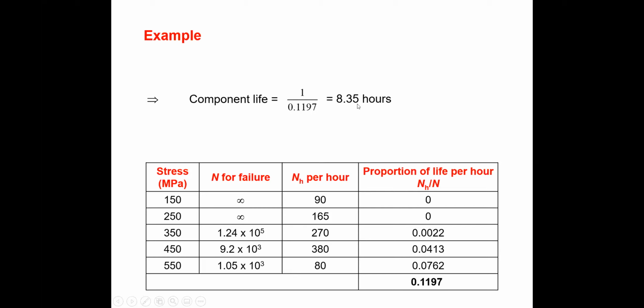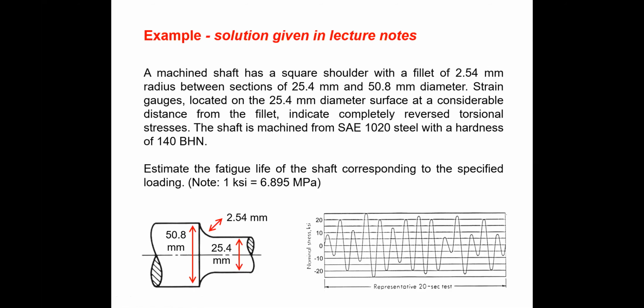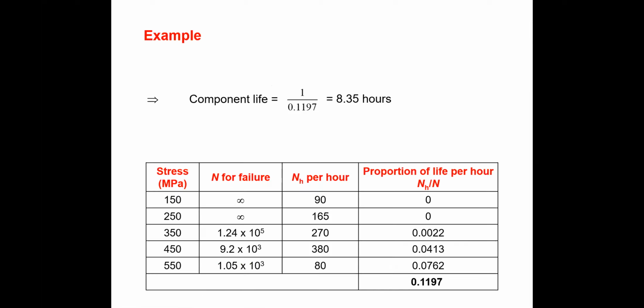So after 8 hours, 16 minutes, it will break with this stress range. We will apply this kind of stress pattern each hour. So this is the component lifetime. Are we clear? You understand how we can use that Miner's rule, no?